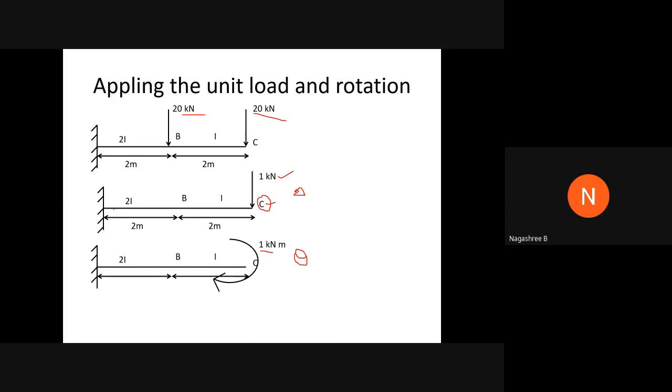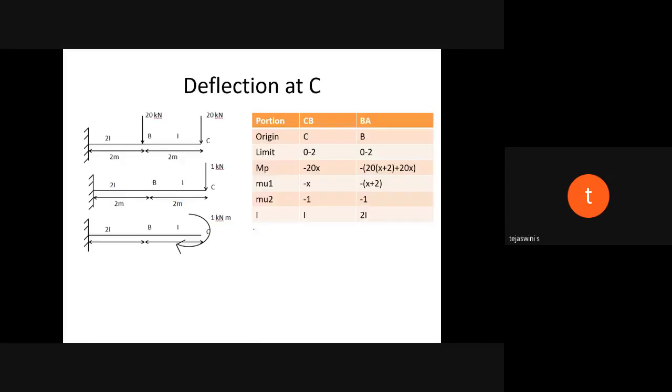Therefore, I have assumed a 1 kilonewton load as well as a 1 kilonewton meter moment. Is this clear, all of you? Shall I proceed? Yes, ma'am.